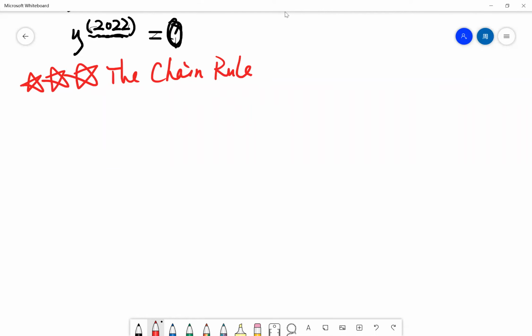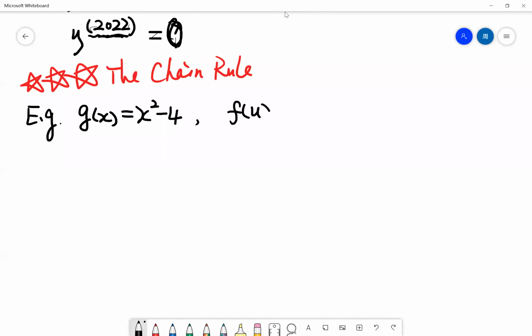So here we have to figure out one question. We have the function g(x), that is x power 2 minus 4. And I give you another function, f(u), that equals sine u.